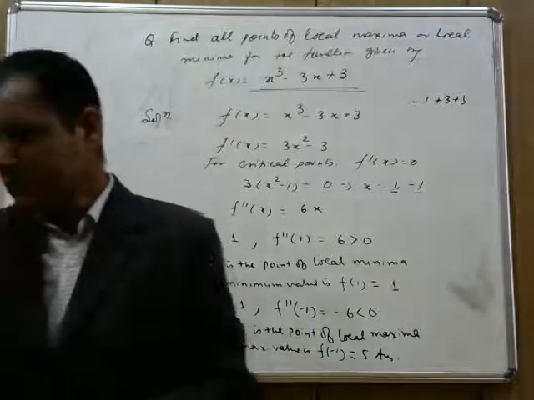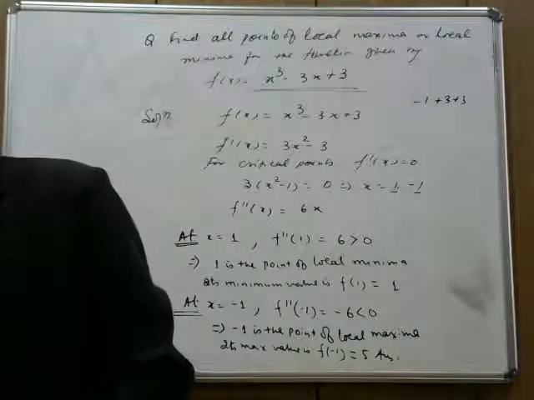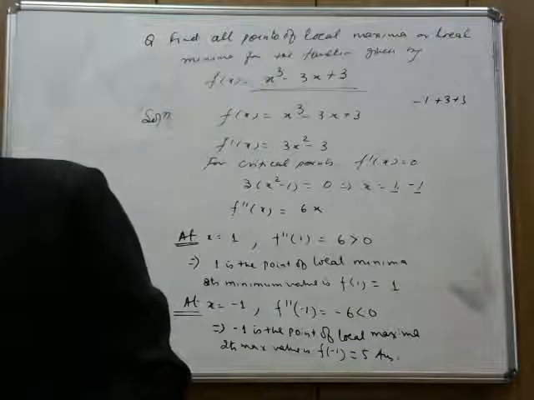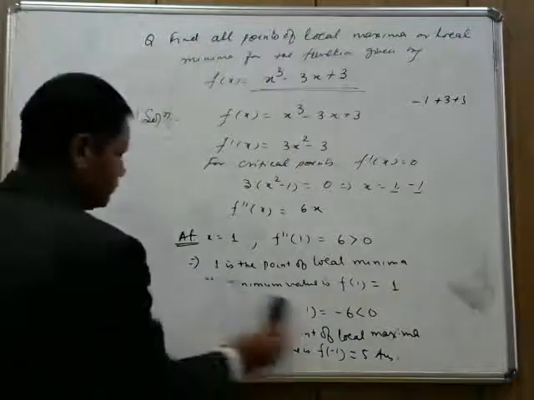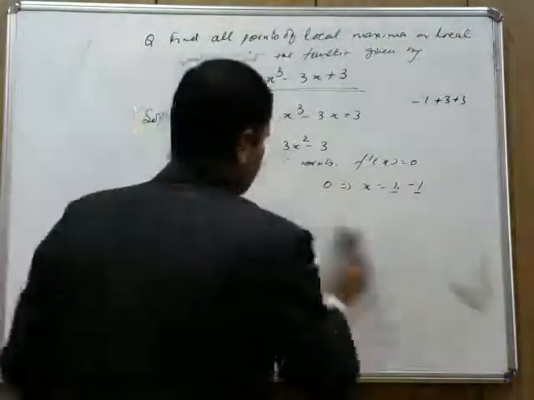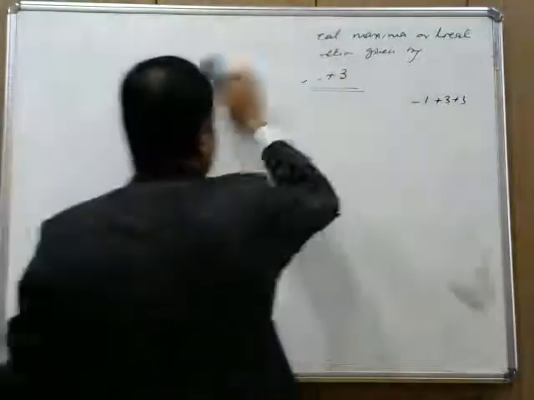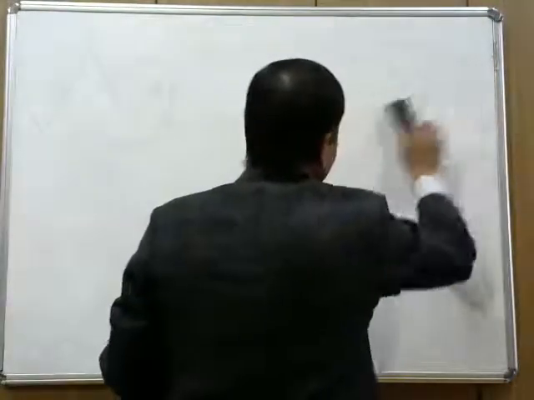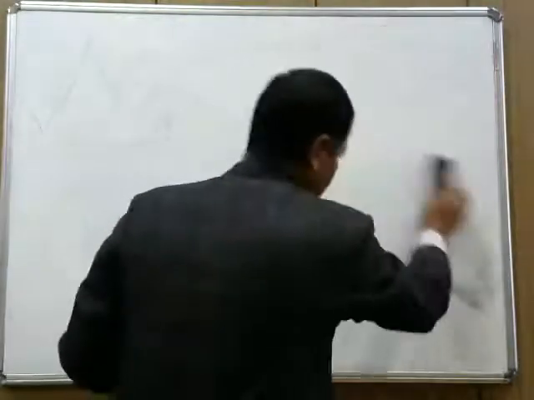And after this, now I will discuss the problems of exercise 6.5. In exercise 6.5, we have 3 types of questions. In one question, you simply have to find out whether it attains the maximum value or minimum value.